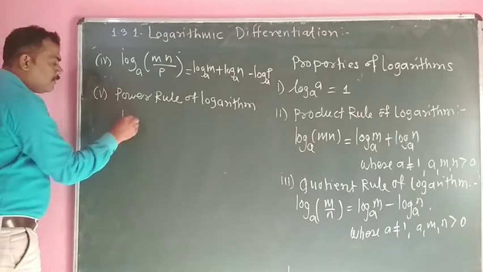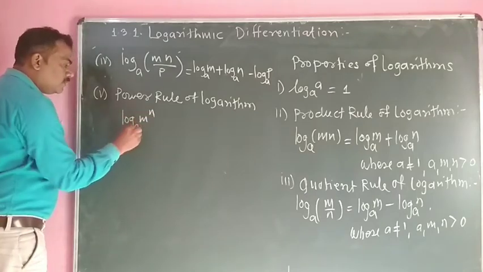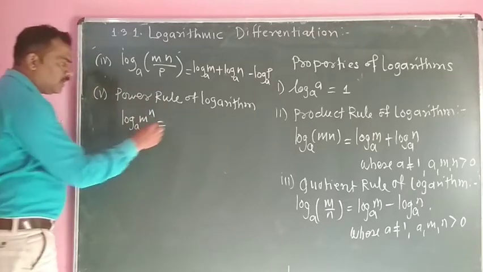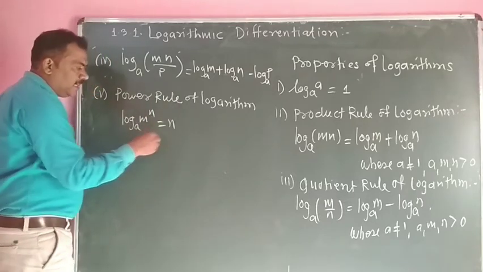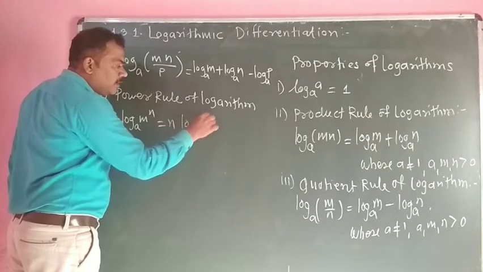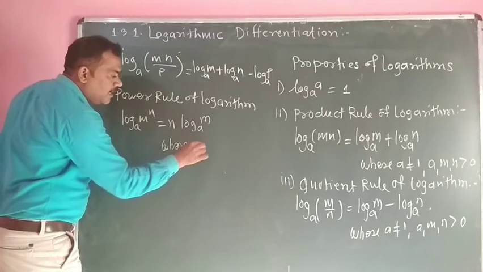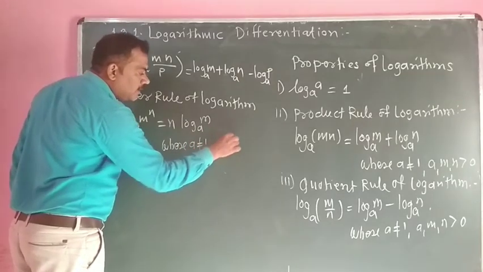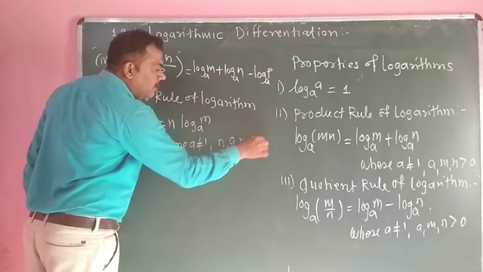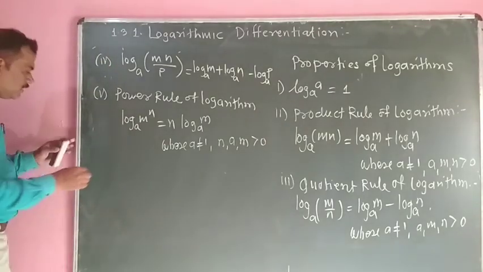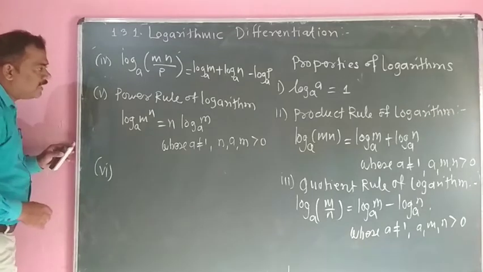The log of m raised to n to the base a is equal to, here n is the power of m, so by using that rule we can write n into log of m to the base a, where a is not equal to 1, and n, a, m are all greater than 0.